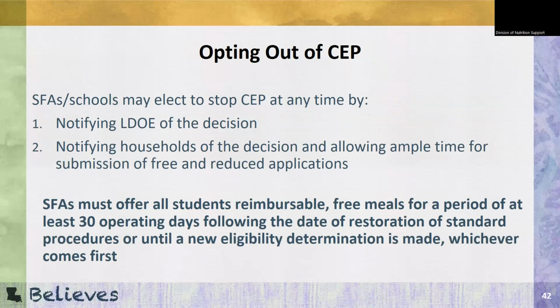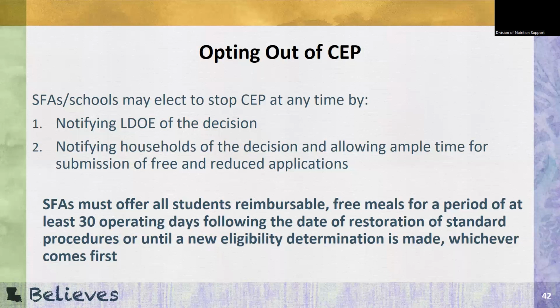When deciding to opt out of CEP, SFAs or schools may elect to stop CEP at any time by notifying the Department of Education of the decision, notifying households of the decision, and allowing ample time for submission of free and reduced applications. SFAs must offer all students reimbursable free meals for a period of at least 30 operating days following the date of restoration of standard procedures or until a new eligibility determination is made, whichever comes first.